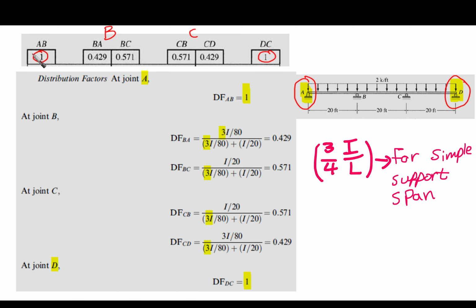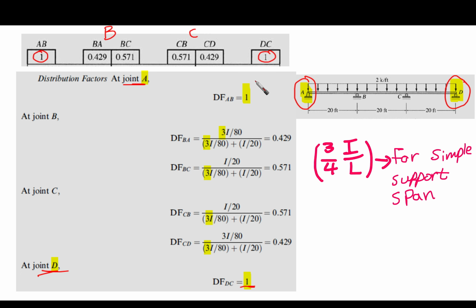Okay, so put it as 1. This is the distribution factor at joint A and at joint D. Whenever we have an end support to be simply supported, then as we said, one time balance, no carryover, distribution factor is 1 only.